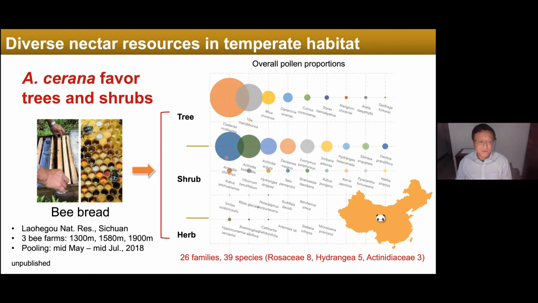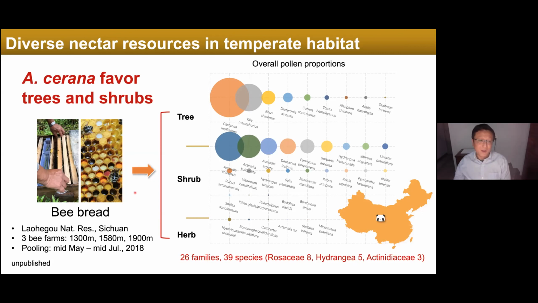And this was actually confirmed by our own study. This was a study that we carried out in one of the typical Apis cerana habitats, based in Sichuan province in the middle of China, which is also a typical natural habitat for the giant panda bears.